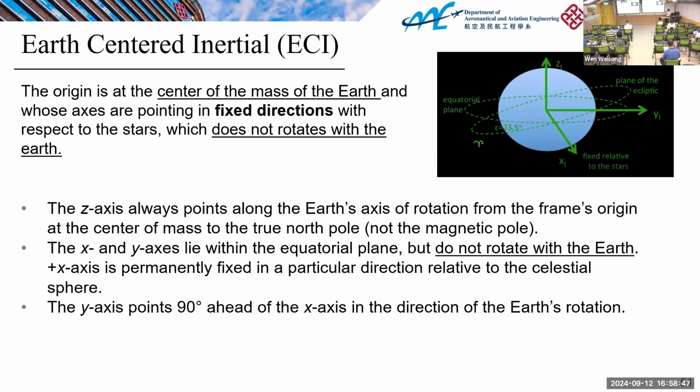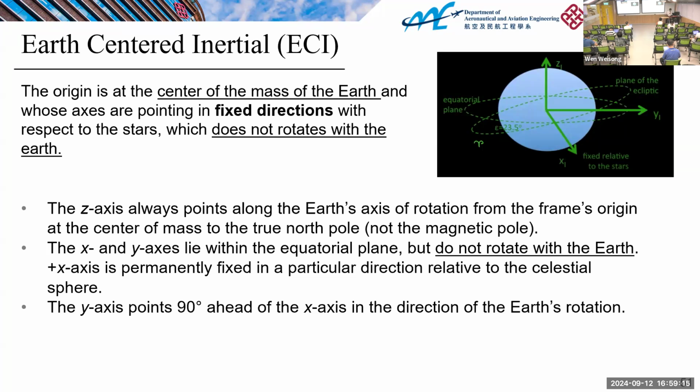The Z is always pointing along the Earth's axis of rotation from the frame's origin at the central mass to the true north pole. So the main property for this one is that it will not rotate with the Earth.